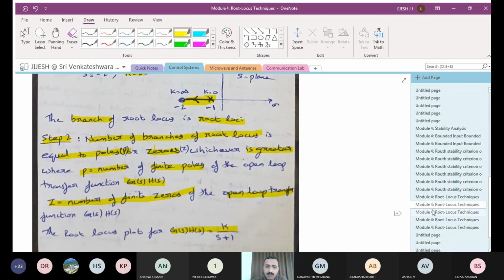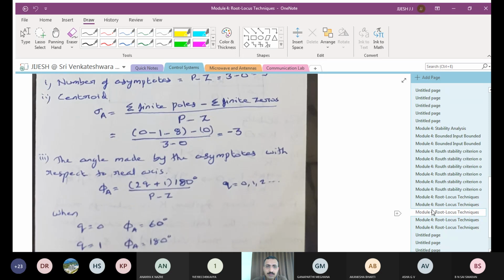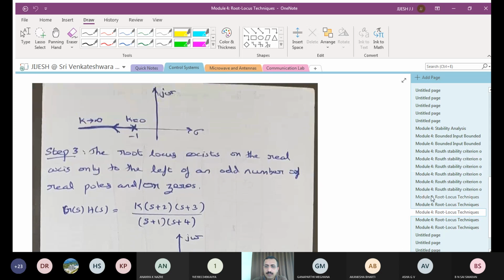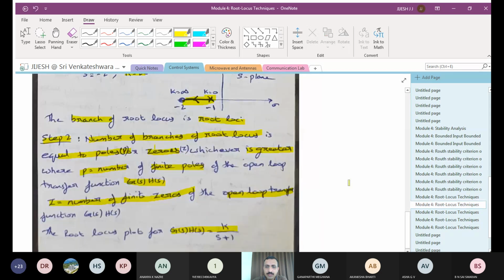Here you can see that I am going to take k divided by s plus 1. You can calculate the poles as well as zeros, and see how many poles and how many zeros there are in this.